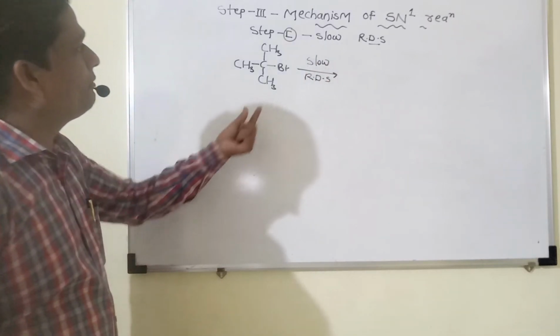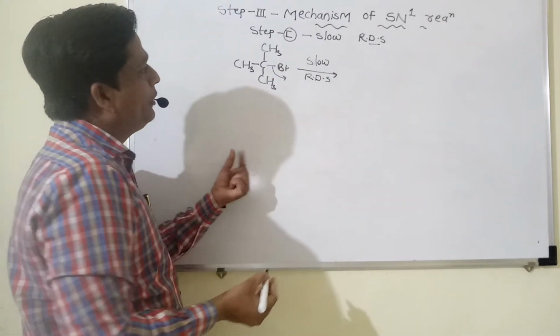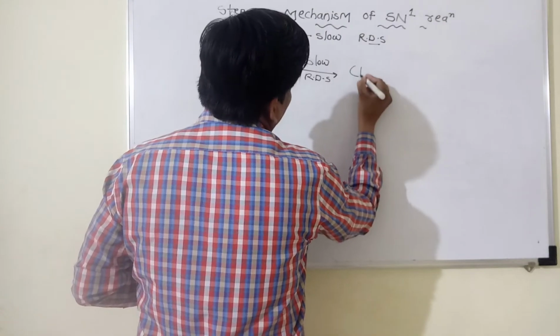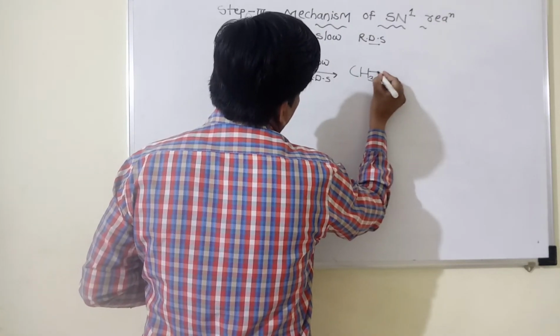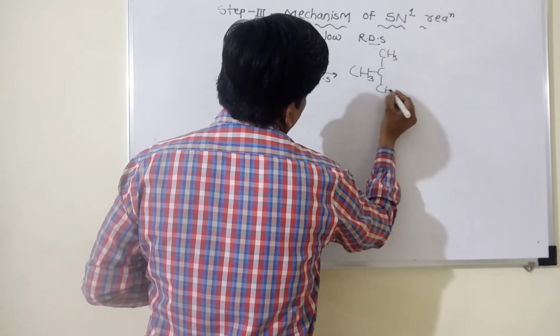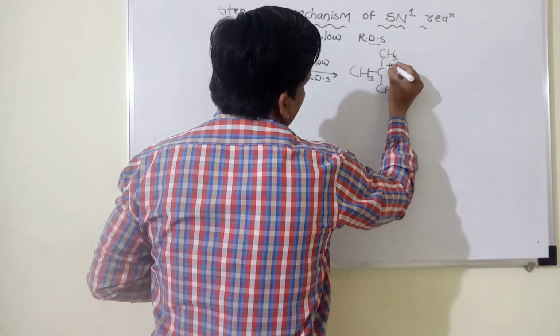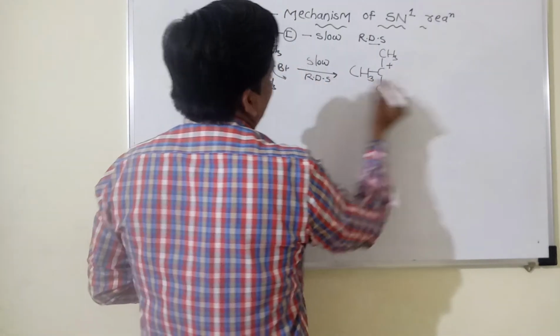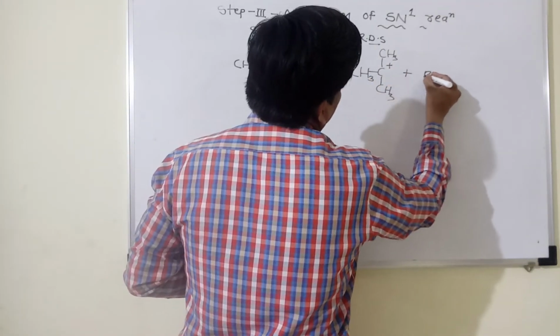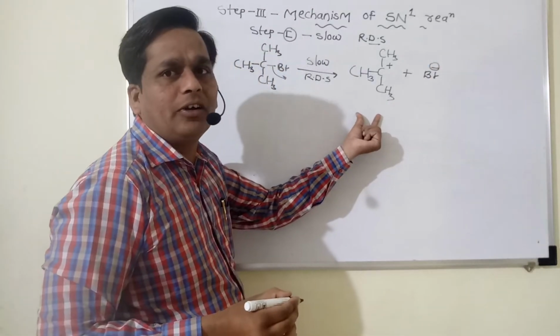In this first step, the bromine group is removed, this is a leaving group, and here we get the carbocation like this, with CH3, CH3, CH3. If bromine is removed, then a plus sign appears, this is a carbocation, and Br minus is the leaving group. In the first step we get the carbocation.